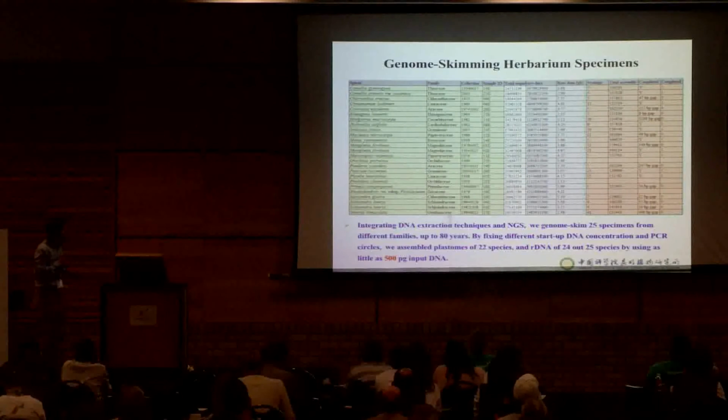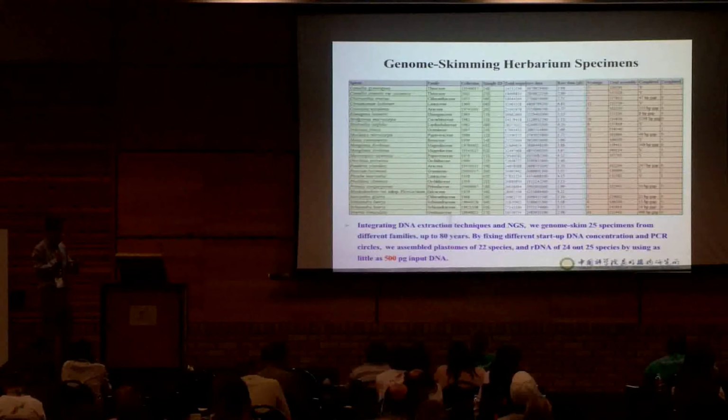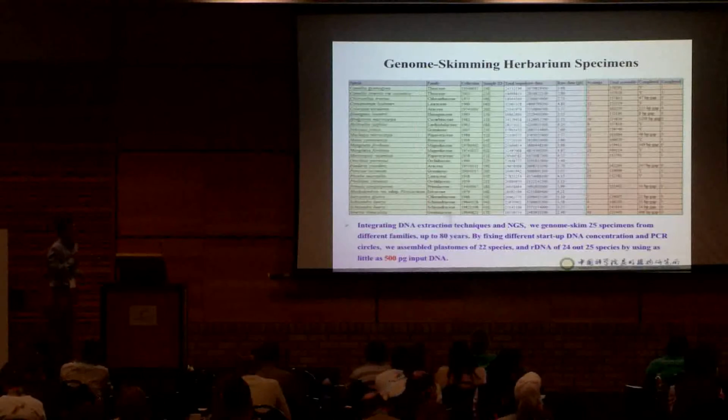And finally, I would like to mention that we also made an attempt at genome skimming Herbarium specimens. In this case, we got 25 specimens. The oldest is 80 years old, including several different families.